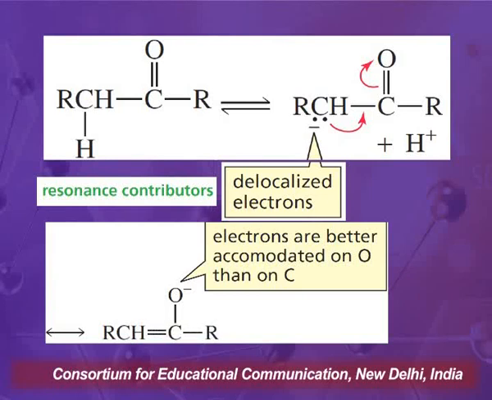And as a result of resonance, this negative charge is now delocalized over carbon and oxygen. The reason being that oxygen, being more electronegative in the carbonyl group, will pull the electrons towards itself, as a result of which the carbon will have a positive charge. Now these electrons will make a double bond between these two carbons. So as you can see in the next structure, these electrons are on oxygen, and we know that oxygen is able to accommodate these electrons better.